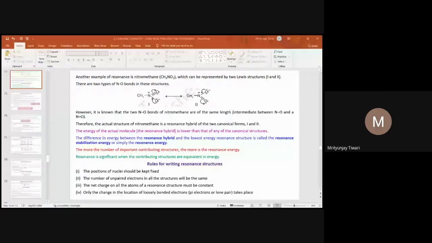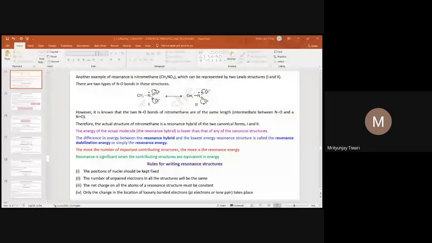So the resonance hybrid will be more like this most stable structure, structurally as well as chemically; its behavior will be closer to the most stable structure. However, if there is one resonance structure which is least stable, its possibility is very low, and the resonance hybrid will be very unlikely to match this structure, although it may have very small contributions toward the resonance hybrid.